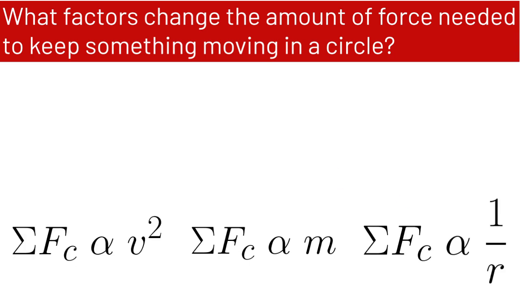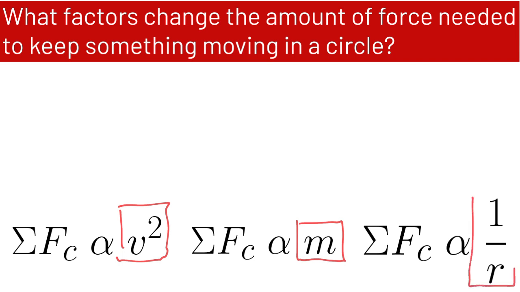Okay, so we figured out our proportionalities. So now how do we combine all these together to create an equation for the sum of forces for the centripetal force? So we've got a direct relationship with velocity squared. We've got a direct relationship with mass, and we've got an inverse relationship with radius.